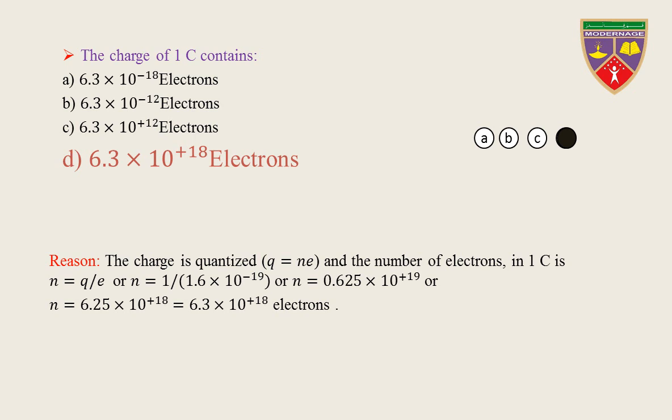Because 1 divided by 1.6 is equal to 0.625, N is equal to 0.625 into 10 power plus 19, or N is equal to 6.25 into 10 power plus 18, which is equal to 6.3 into 10 power plus 18 electrons, because we have rounded 6.25 to 6.3. Hence, the charge of 1 coulomb contains 6.3 into 10 power 18 electrons.